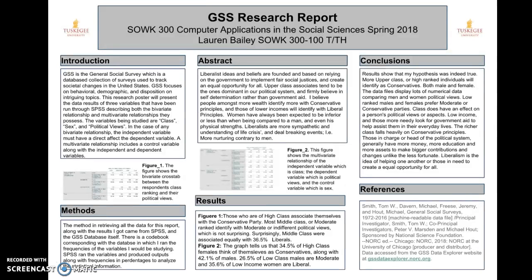Now, the methods used for retrieving all of the data for this report came from SPSS. We chose our variables from the GSS data file that we ran through SPSS with the corresponding code book of these variables, and we were able to produce outputs and get the frequencies along with the crosstabs for the variables we were running.